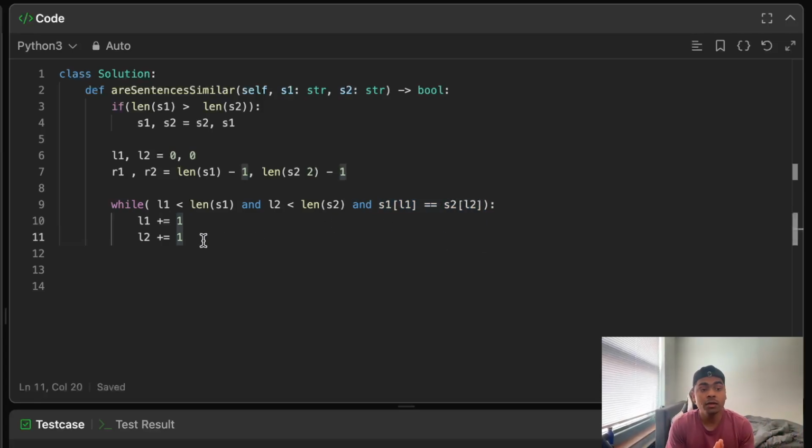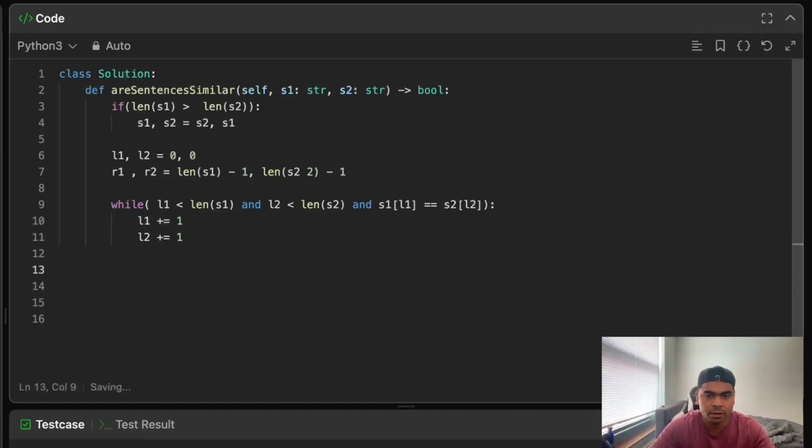But that's not over, because let's say we only covered some part of S1 in the beginning of S2. We still have a chance to see the remaining portion in the back of S2. That can be observed by the right pointers.